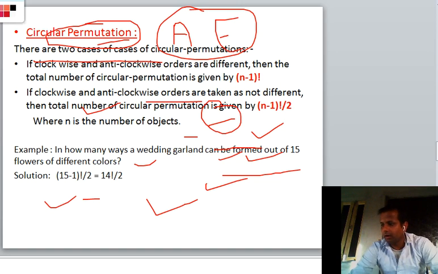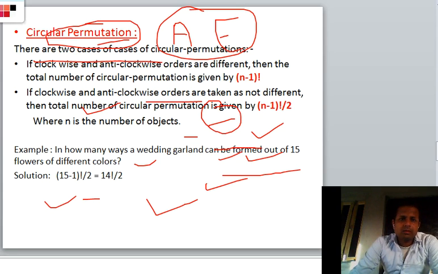So the number of possible ways will be factorial n minus 1. For example, if n persons are to be arranged around a circular table or round table, then the number of possible ways will be factorial n minus 1.